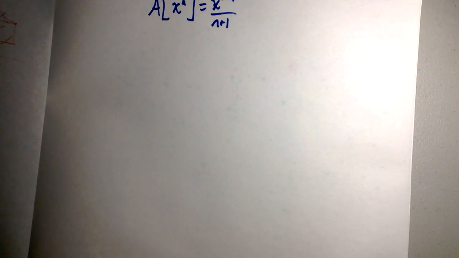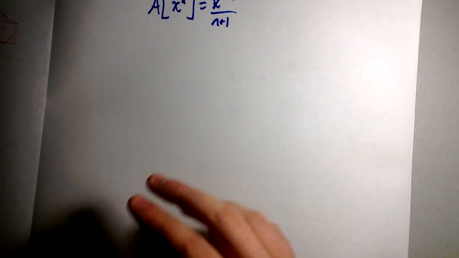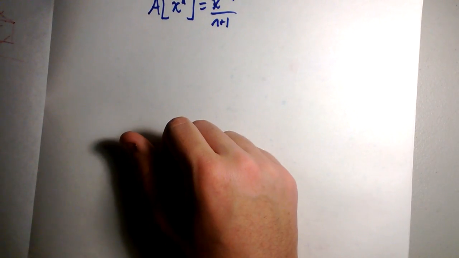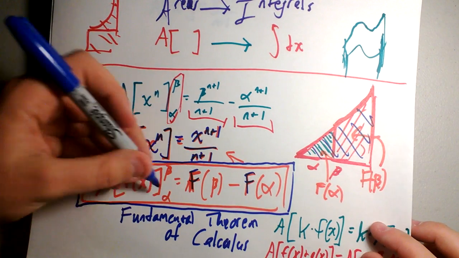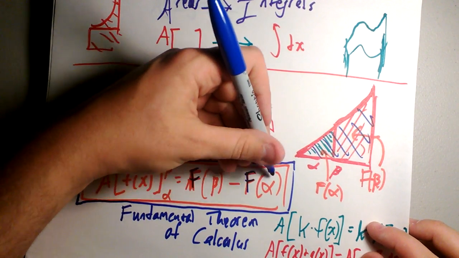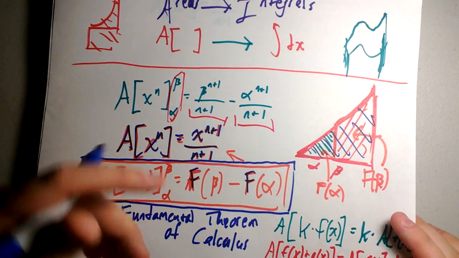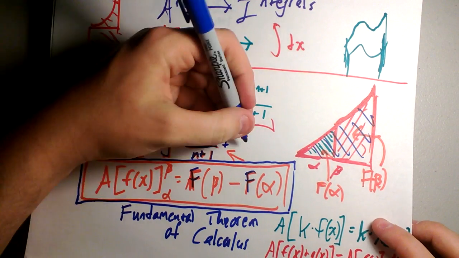Before I continue, I want to bring up one key little thing. If you are always plugging in and subtracting something else plugged in, and you had plus a letter here, it's kind of a weird idea.